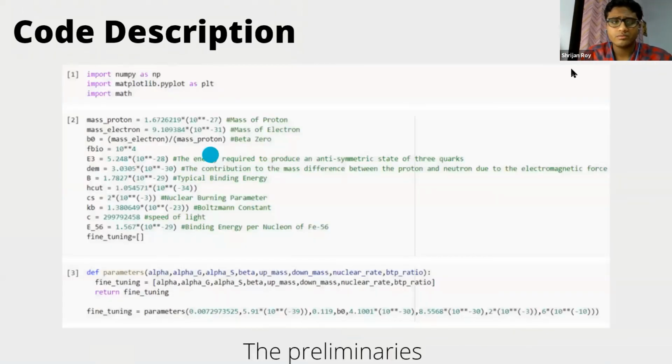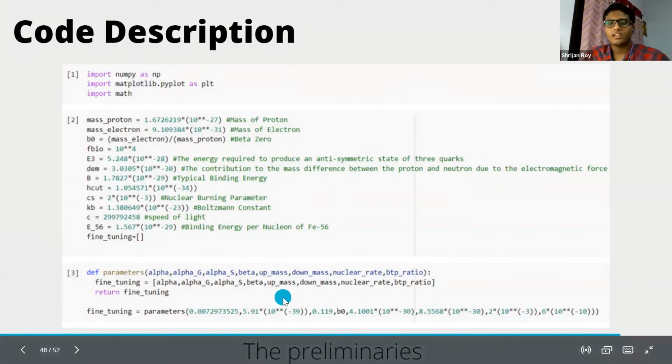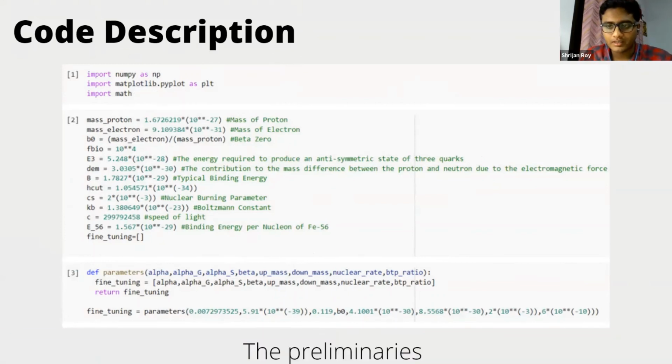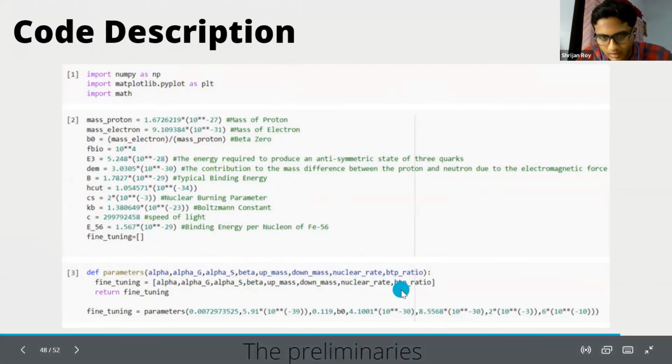Some preliminaries of the code: we imported the libraries and used the standard values of our universe. Then we made a function that sums up all the parameters we shall be using later, like alpha G, the baryon-to-photon ratio, the nuclear burning rate used by Arjit earlier, the up quark mass and the down quark mass.